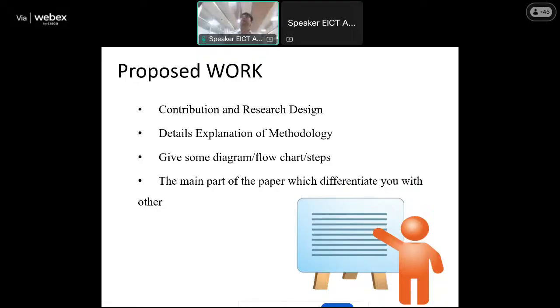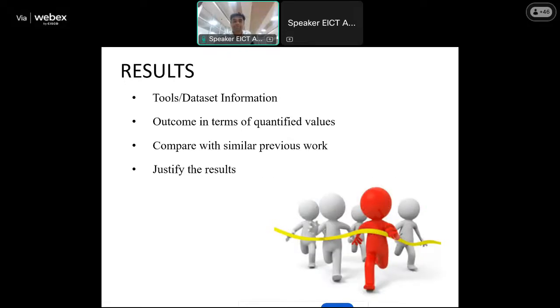It could be a case that one particular problem is solved by 10 papers, but the methodology sections of those 10 papers are different. And instead of writing a long paragraph, if you write the methodology in terms of a diagram, flowchart and steps, which is easily visible, then it can be easily explained by you to either a reviewer or a reader.